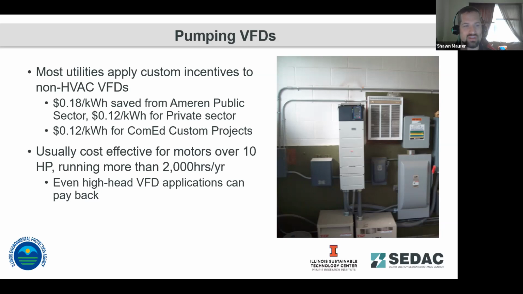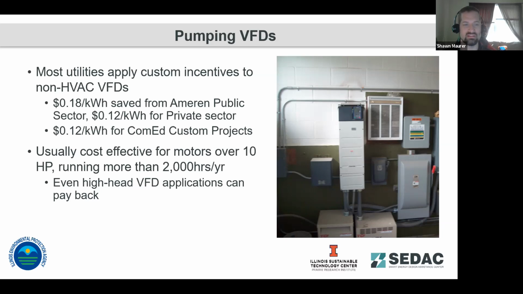Usually what we find for VFDs is that they are cost effective for motors 7.5 to 10 horsepower, which tends to be the lower range, running more than 2,000 hours per year. What we find a lot with water facilities is that those pumps have a high head pressure because you're pushing out to water towers.